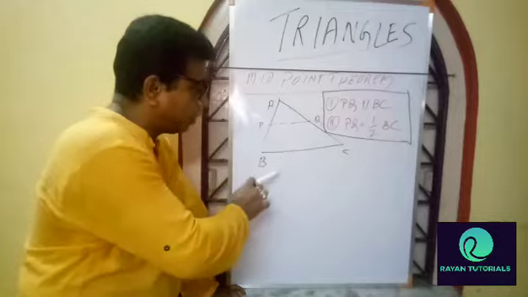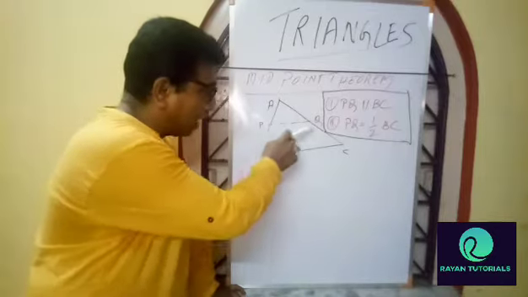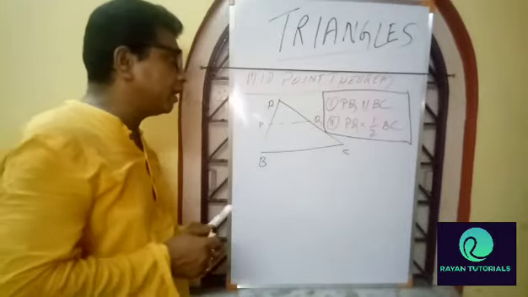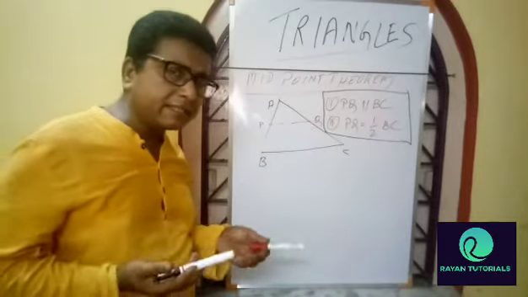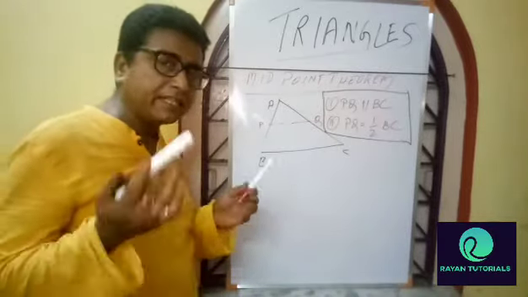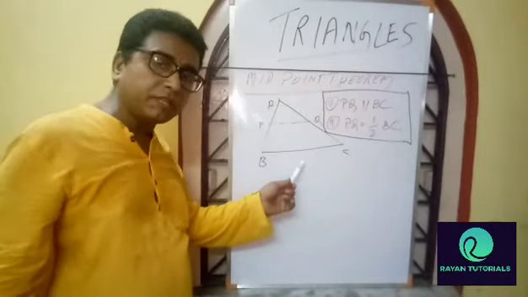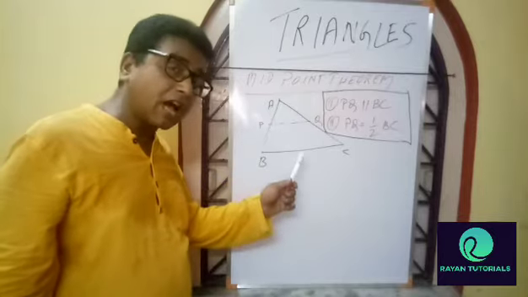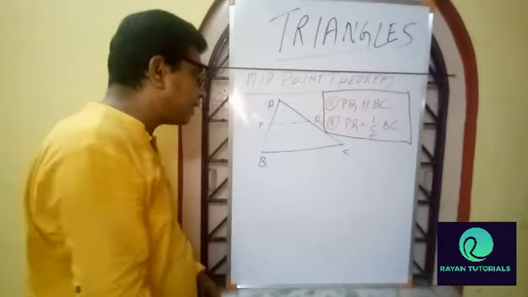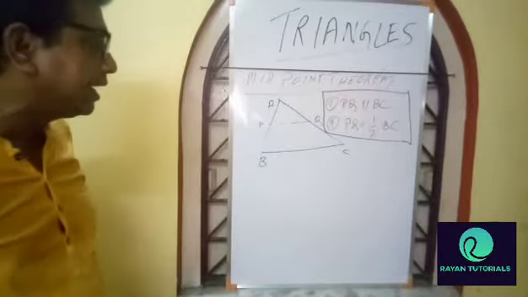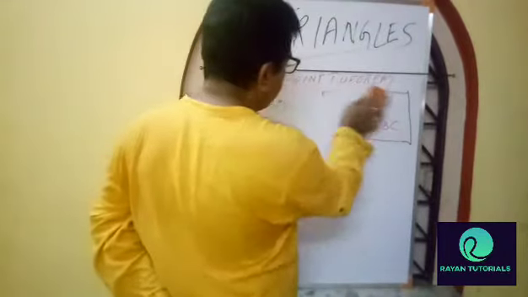Similarly, in any sum, if it is stated or if you have proved that PQ is parallel to BC and PQ is half of BC, you can easily conclude that P and Q are the midpoints of AB and AC.